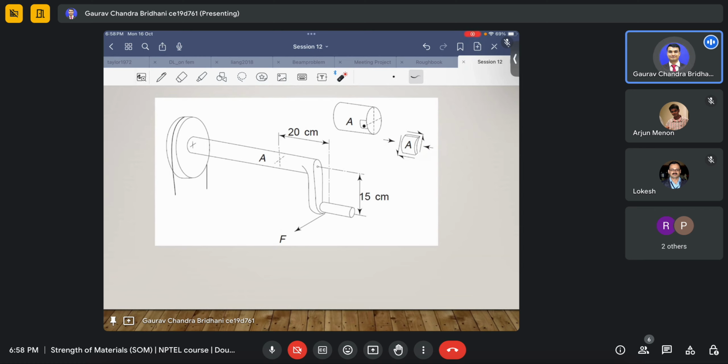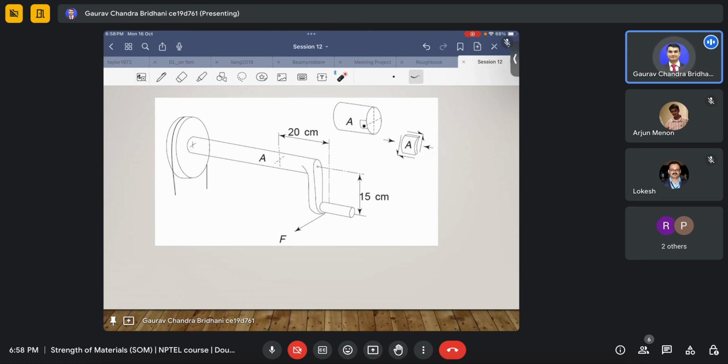Because for a given state of stress, the principal stresses are invariant, they don't vary. That's why we always define our theory in terms of principal stresses, not in terms of sigma xx, sigma yy. Sigma xx and sigma yy will change as we change the orientation of the coordinate system, but that won't happen with the principal invariants.